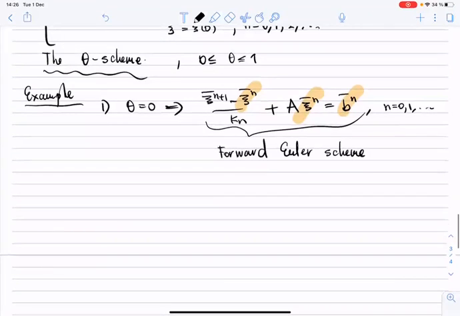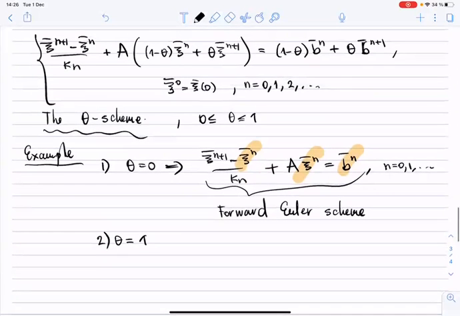In the same way, if we put theta equals to 1, then the first term disappears. We are getting the term psi n plus 1. And on the right-hand side, the term depending on time tn cancels out, and we have this bn plus 1.